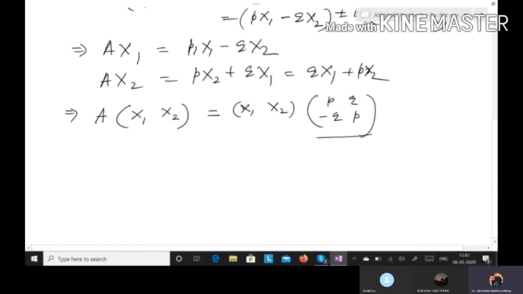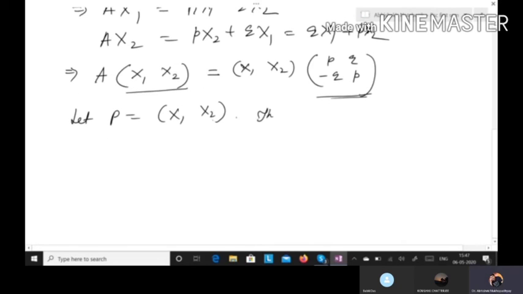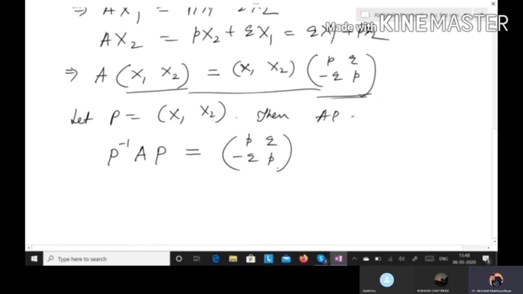So let us denote this matrix as P. So let P equal (x1 x2). Then we have P inverse AP equals this matrix (p q; minus q p). From this one, that is AP equals P of this.